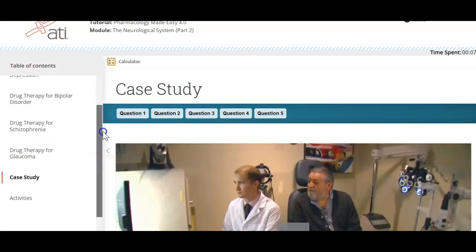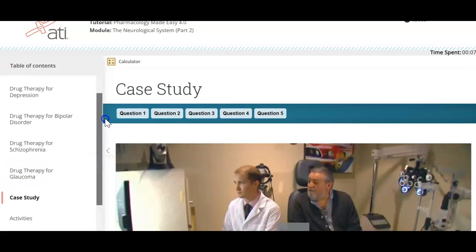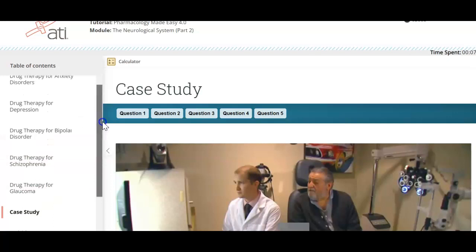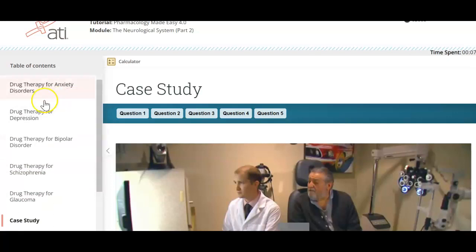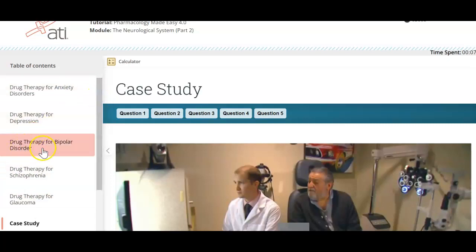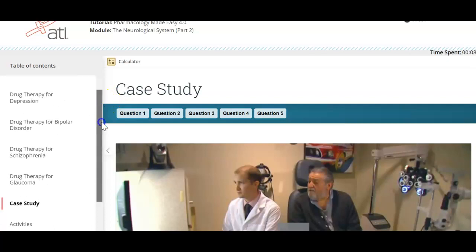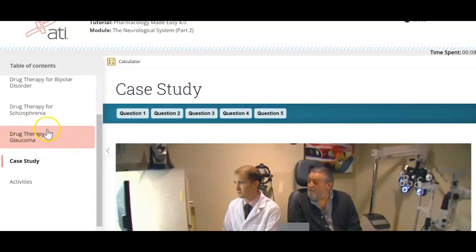Even though the case study centers around it, I really feel like the priority information is the safety concerns for the drug therapy for schizophrenia, bipolar disorder, depression, and anxiety. I want you to get those things first, and then we'll move into glaucoma later.